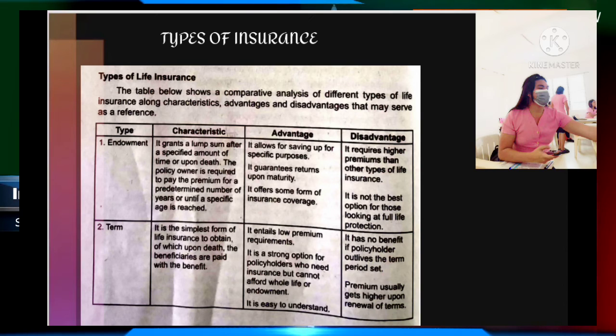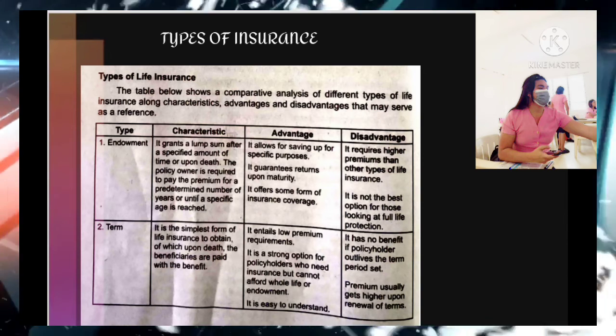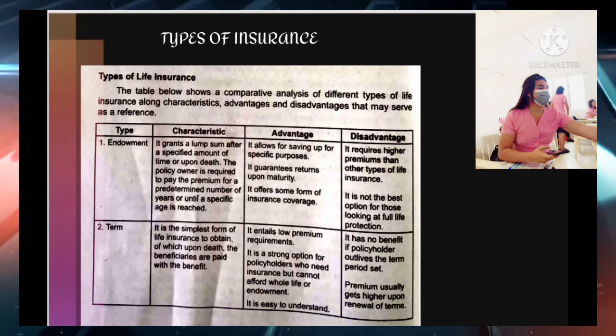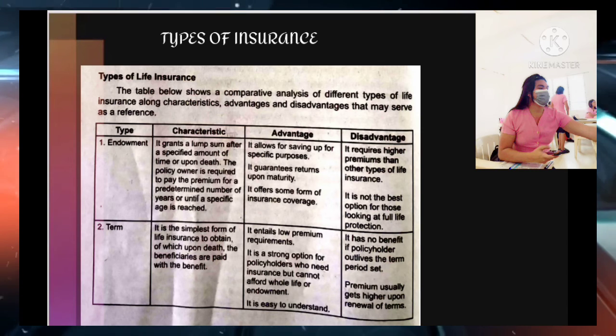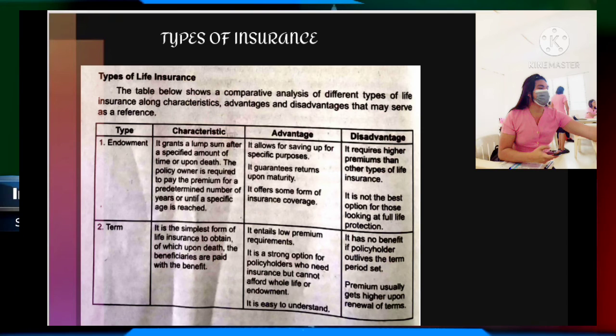The table below shows a comparative analysis of different types of life insurance along characteristics, advantages, and disadvantages that may serve as a reference. Type number 1, endowment. In characteristic, it grants a lump sum after a specified amount of time or upon death.